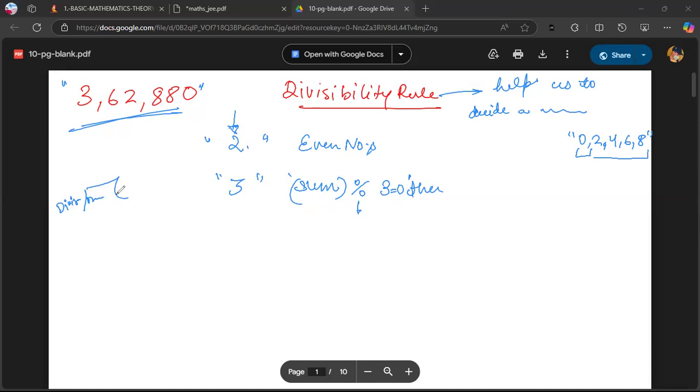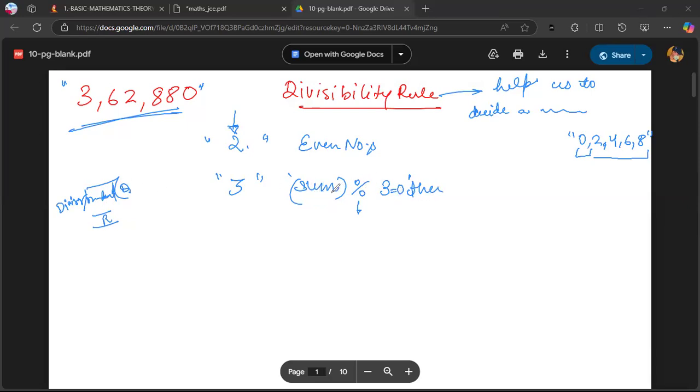Divisor, dividend, and here we write the quotient and here we write the remainder. Right? Yes, sir. So whenever we have to write the remainder instead of the quotient, we use this sign.